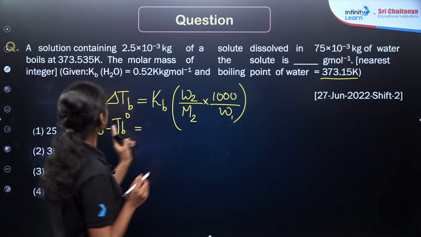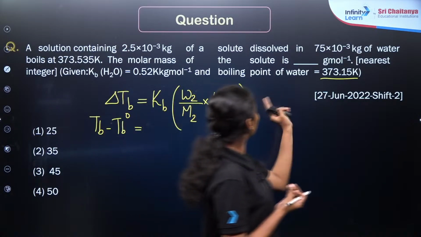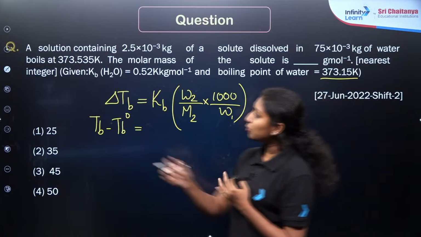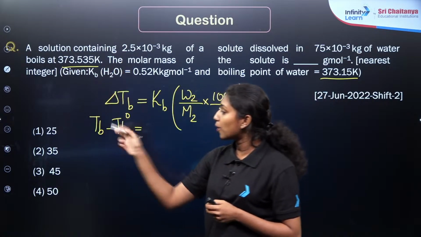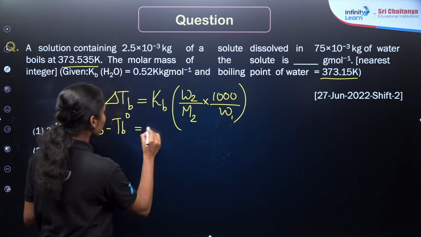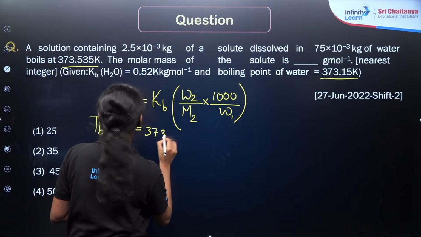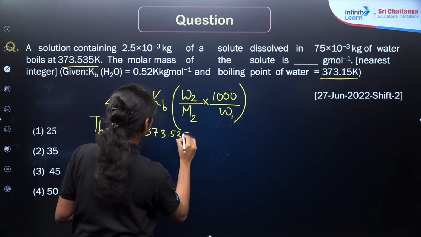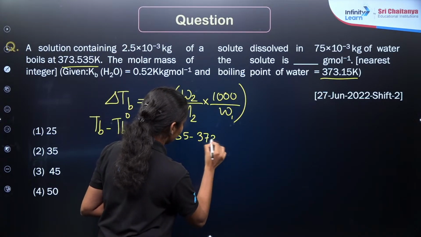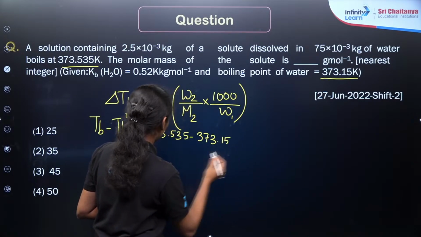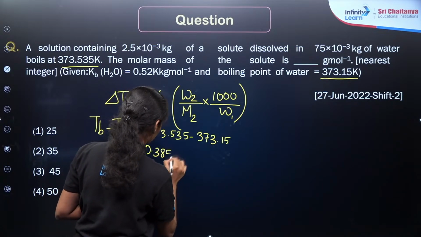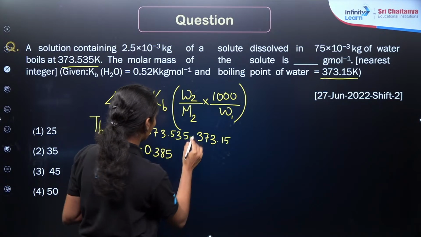Tb is the boiling point of the solution, 373.535. Taking the difference, 373.535 minus 373.15, almost 0.385 will be the answer for delta Tb here.